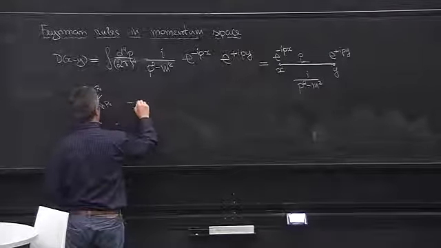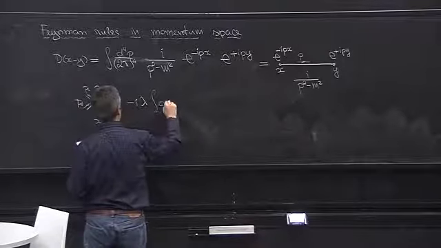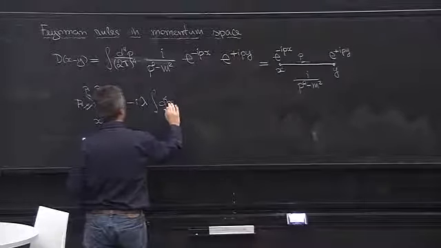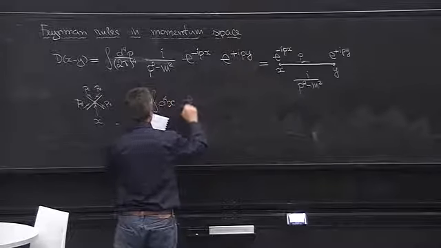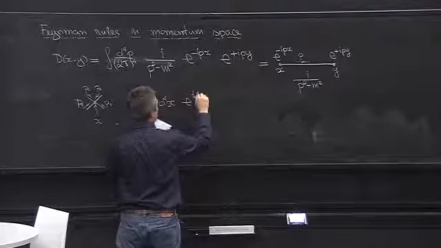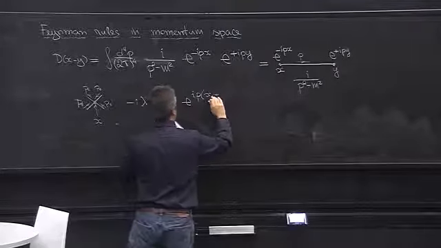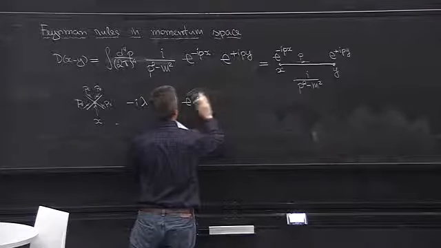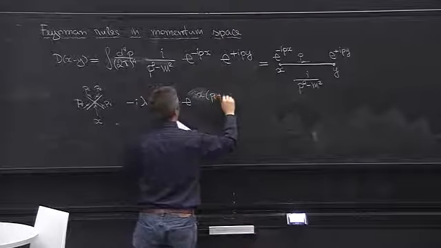The vertex itself gives a factor of minus i lambda and then d^4x. Then we take the product of the wave functions, e to the ix times the sum of the momenta.